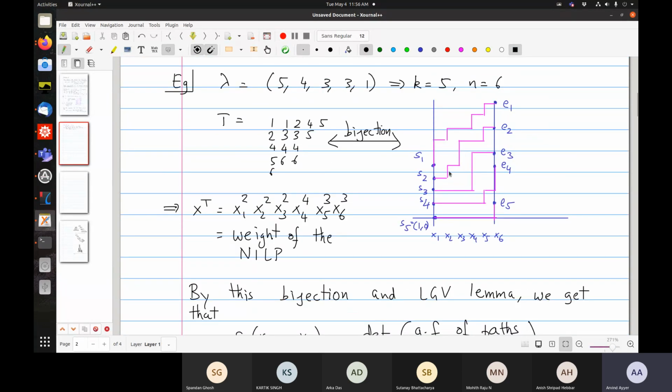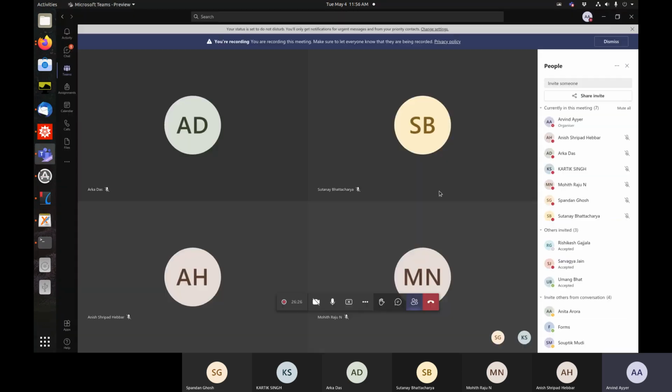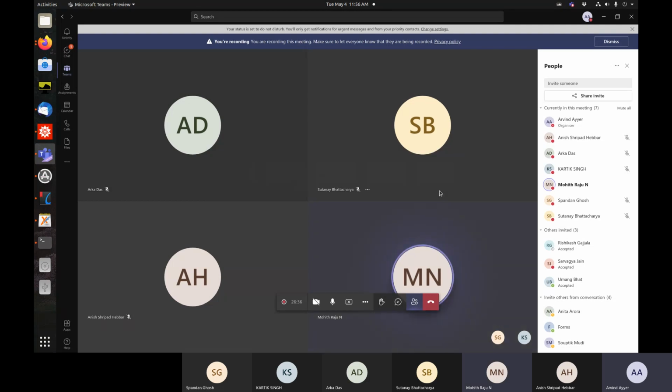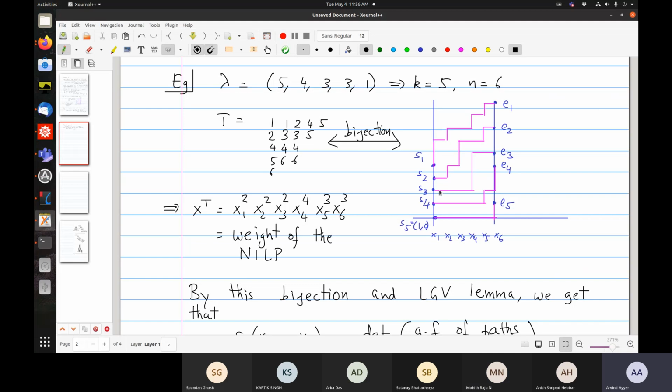So what can you say about this weighted sum? It's a symmetric function. Why is it a symmetric function? Because, like we discussed, it doesn't matter where the up steps are taken, at x2 or at x3 or at x4.